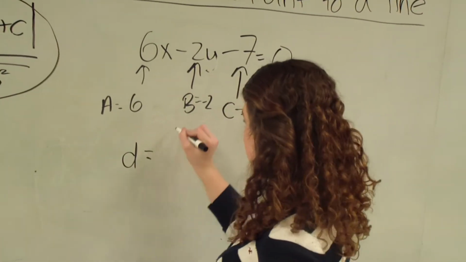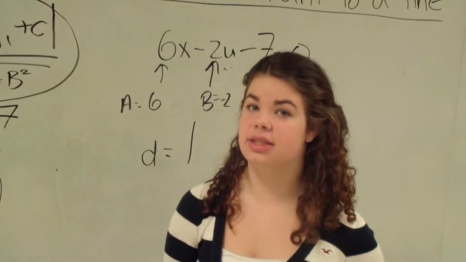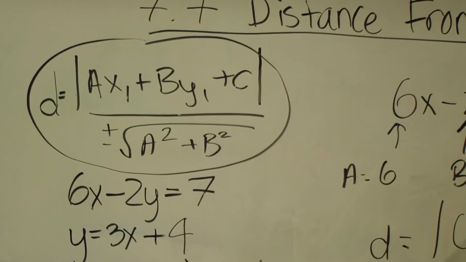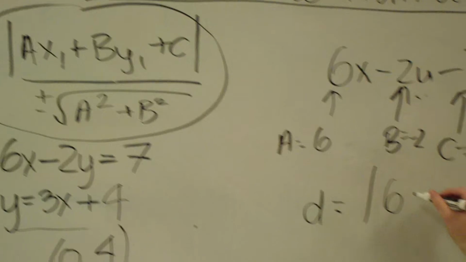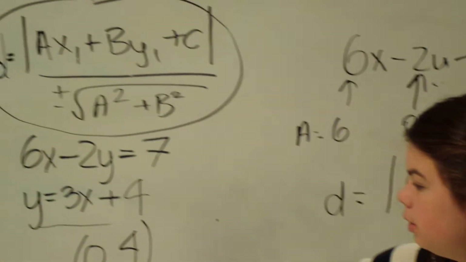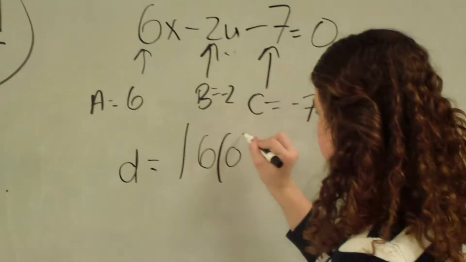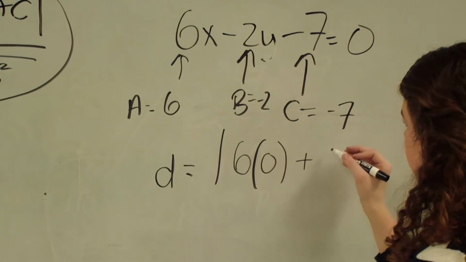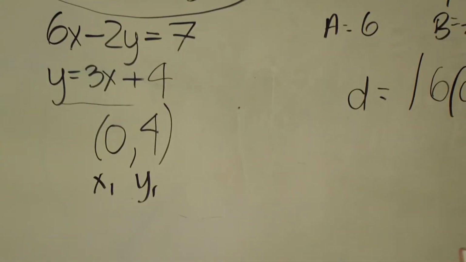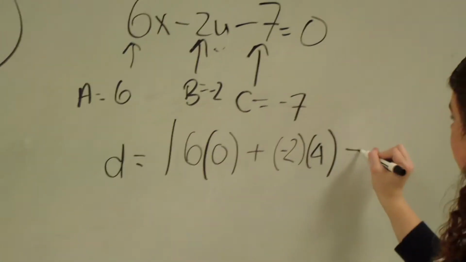So d equals the absolute value, and it has to be absolute value because distance cannot be negative. We're going to put 6 for a, 0 for x1, plus b, which is negative 2, times y1, which is 4, plus c, which is negative 7.